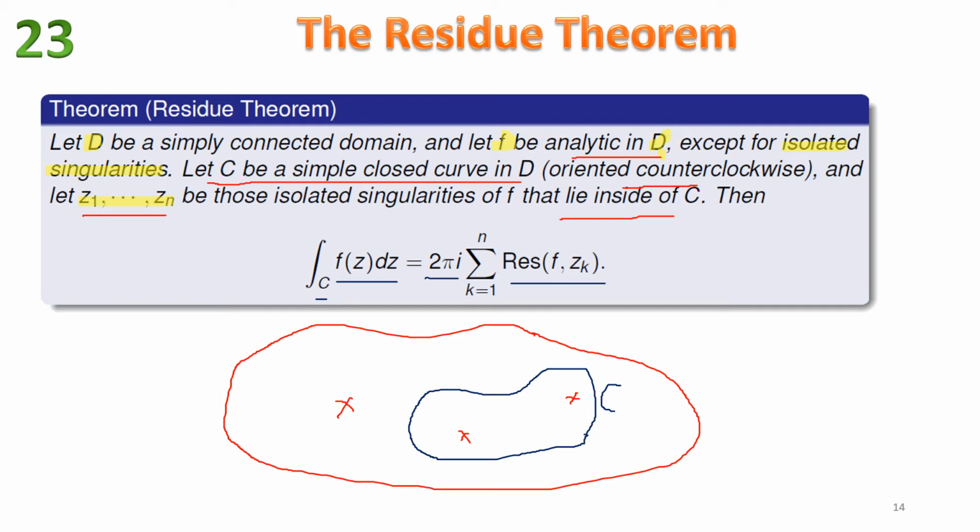Like here we have two singularities, so we have to consider the sum of two residues. We have seen this kind of statement earlier. This is not new, but here we have an extension that we are considering the summation of all residues for those singularities which are encompassed by the curve, which is a closed contour.